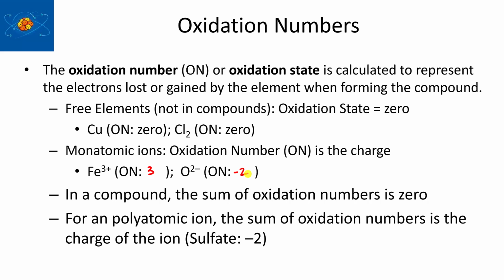So really the rule is that the oxidation numbers always add up to be the overall charge. In the case of compounds, that charge is 0. But for ions like sulfate, for example, the overall charge, the minus 2 of the sulfate ion, is what you get when you sum all the oxidation numbers of the elements that make up sulfate.